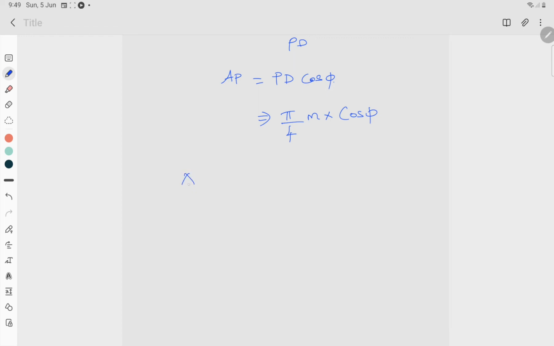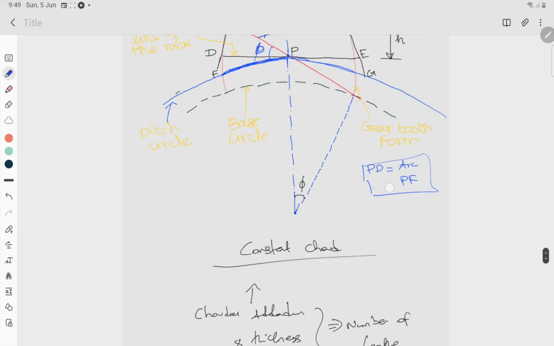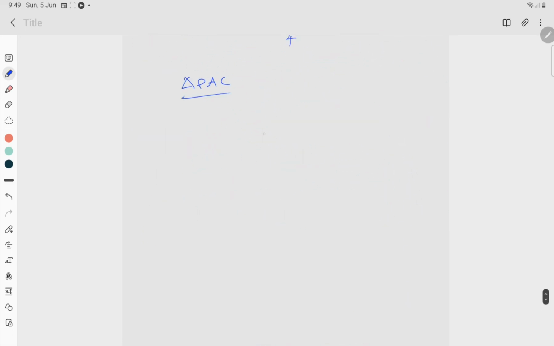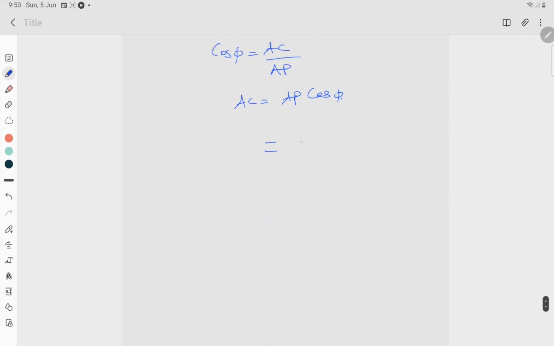Next we will take triangle PAC. This is phi, angle ACP. Again apply cos phi, which is nothing but AC by AP. AC is nothing but AP by cos phi. We already found out what AP is, so it is pi by 4 m cos phi into cos phi.